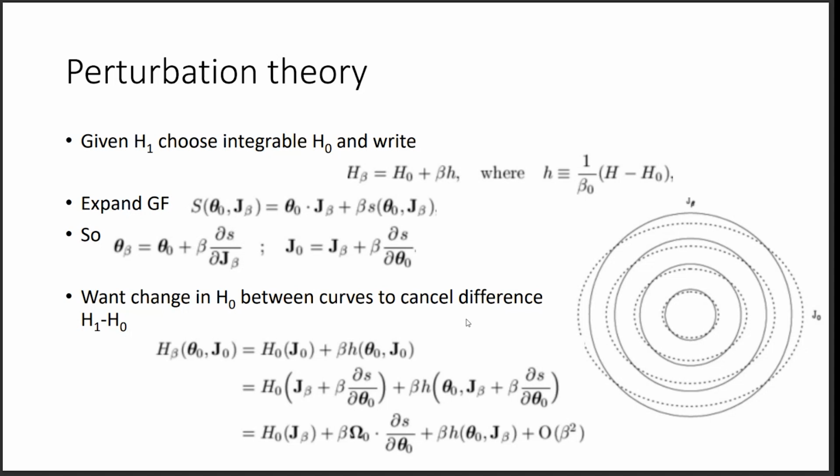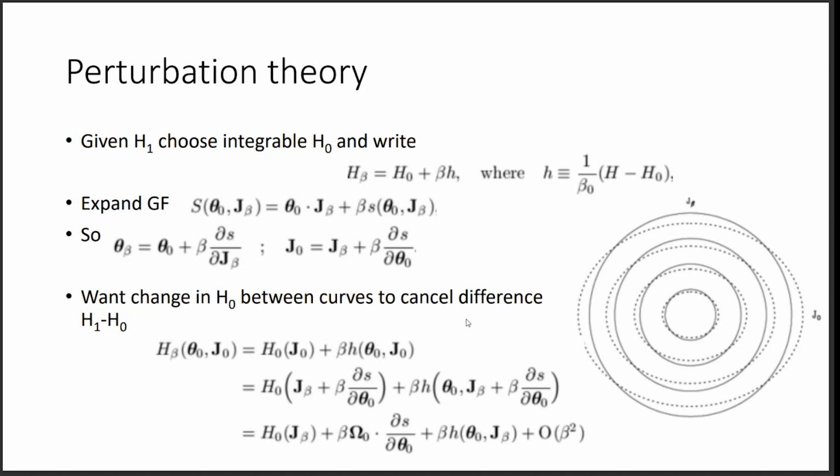So what we do is we write H beta as a function of the theta naughts and the J naughts, that of course, since H beta has been defined to be the sum of H naught and beta times H, that's true. Then we say, but J naught is equal to J beta plus a bit, etc.